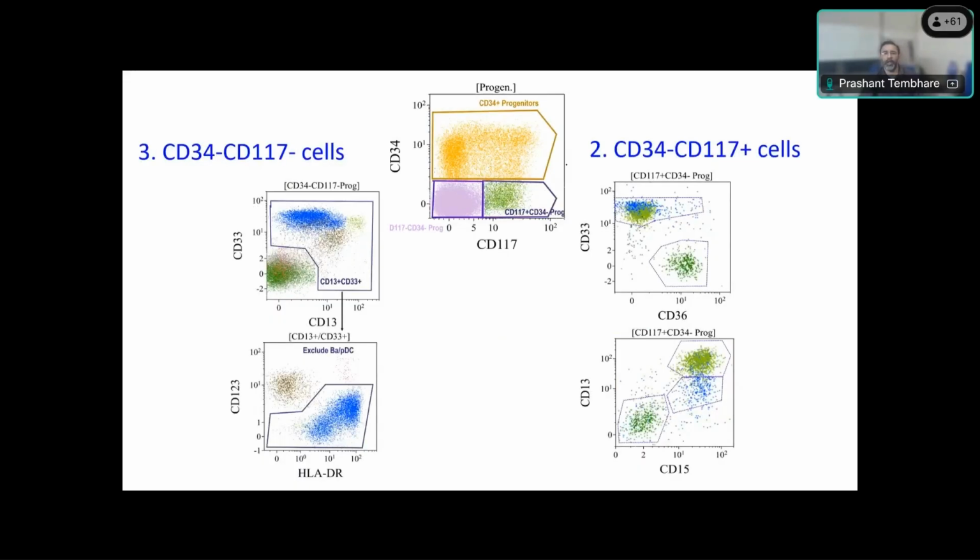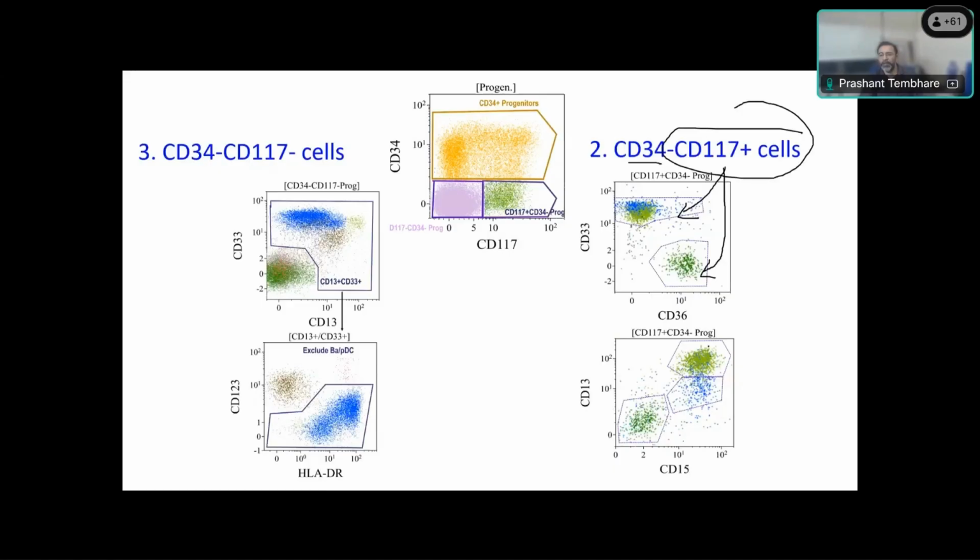So you look at all the different combinations we have already discussed. In the CD34 negative CD117 positive population, you also have two types of major population. One will be promyelocytes, which will be CD33 positive. The other will be pro-normoblasts, which will be CD33 negative and CD36 positive.